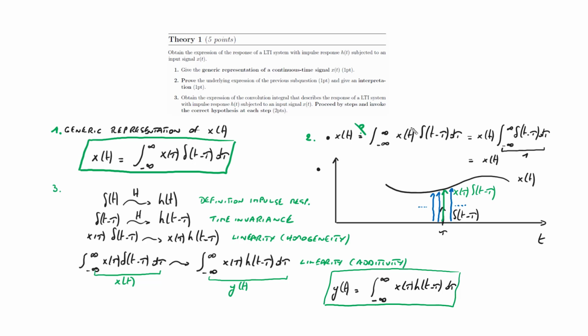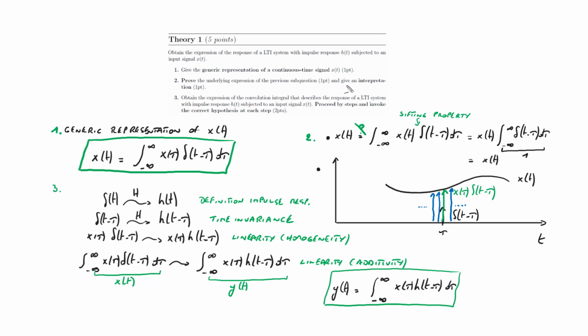Since x of t is independent of tau, I can take it out of the integral, and we know that the surface under the curve of a delta is 1. That is, the integral of a delta is 1. And therefore this expression here and this expression is equal to x of t, and we have just proven this relation. So I've added here that I've used the shifting property to go from this relation to this relation.